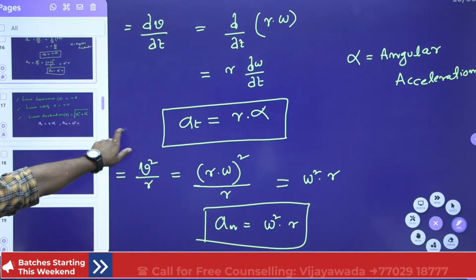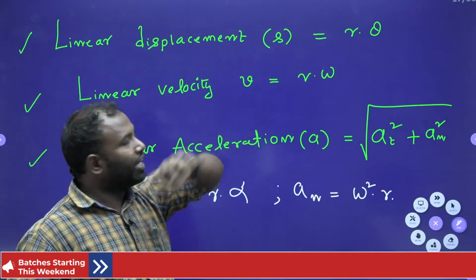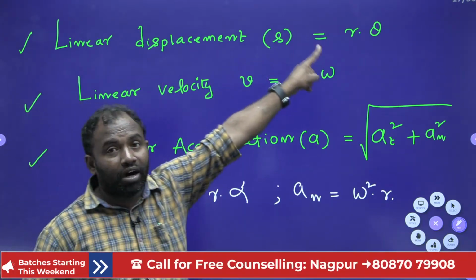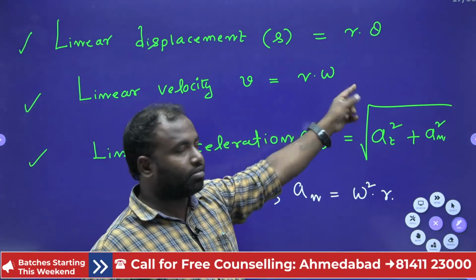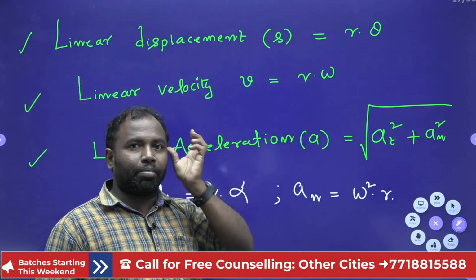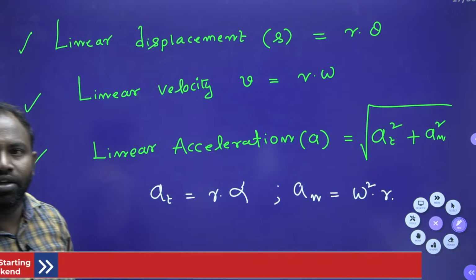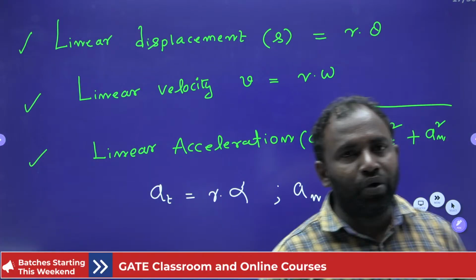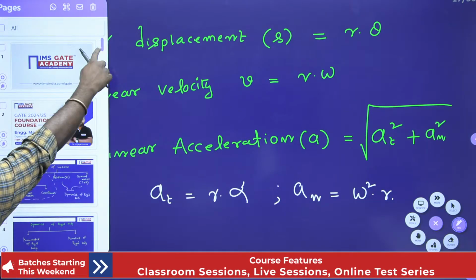I'll write it all at once: linear displacement is R into theta, and linear velocity V is equal to R into W. First I need to find W, and then multiply with the radial distance to get V. Hope you understand. Similarly, the same principle I have applied for my problem solution.